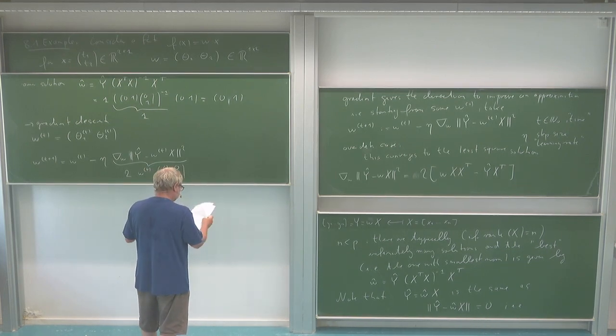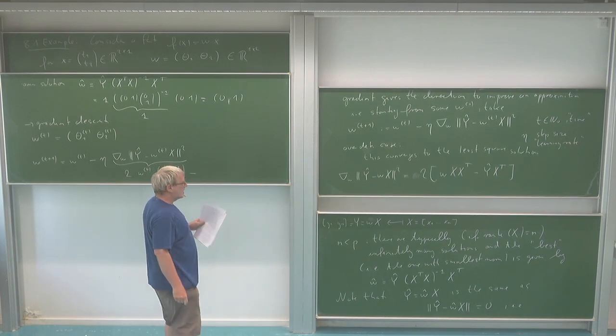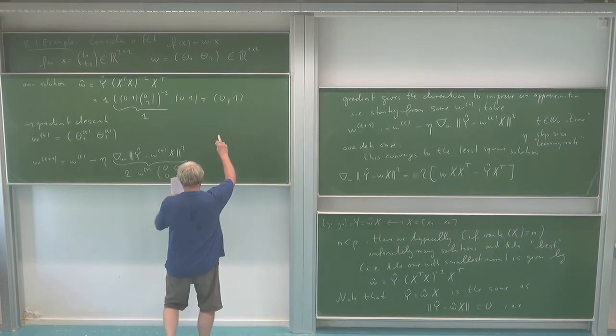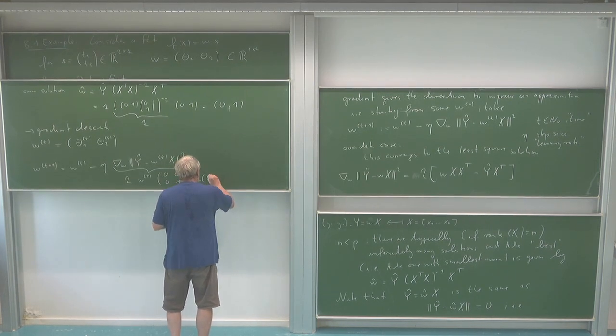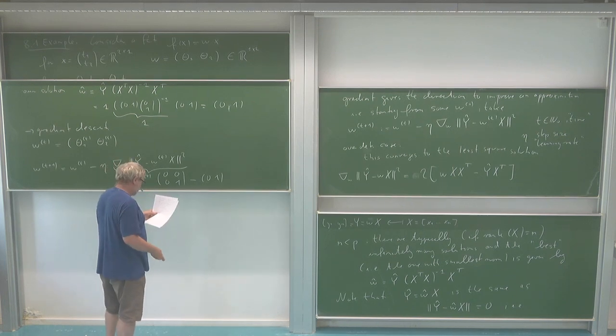And then we have minus the y hat times x transpose. The y hat is just 1, and the x transpose is just my vector 0, 1.